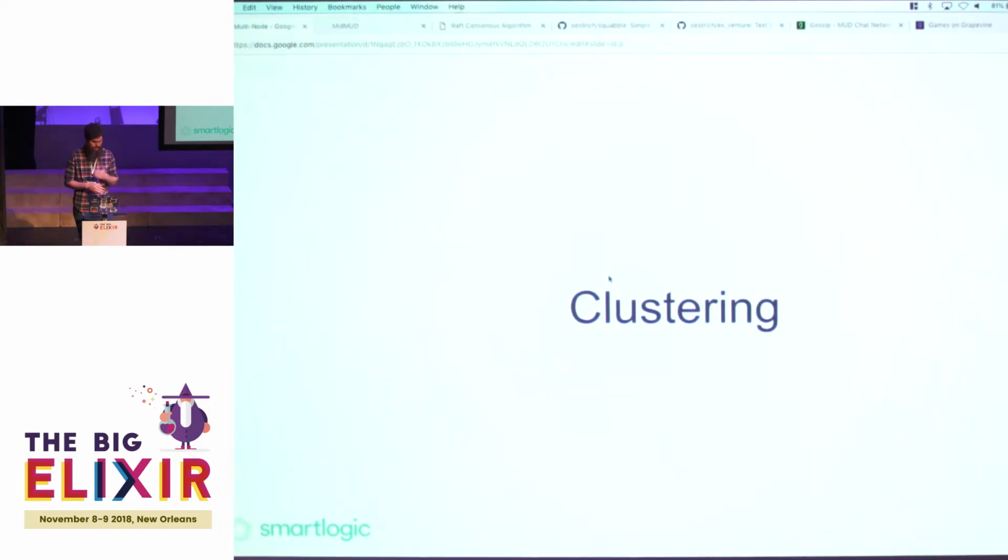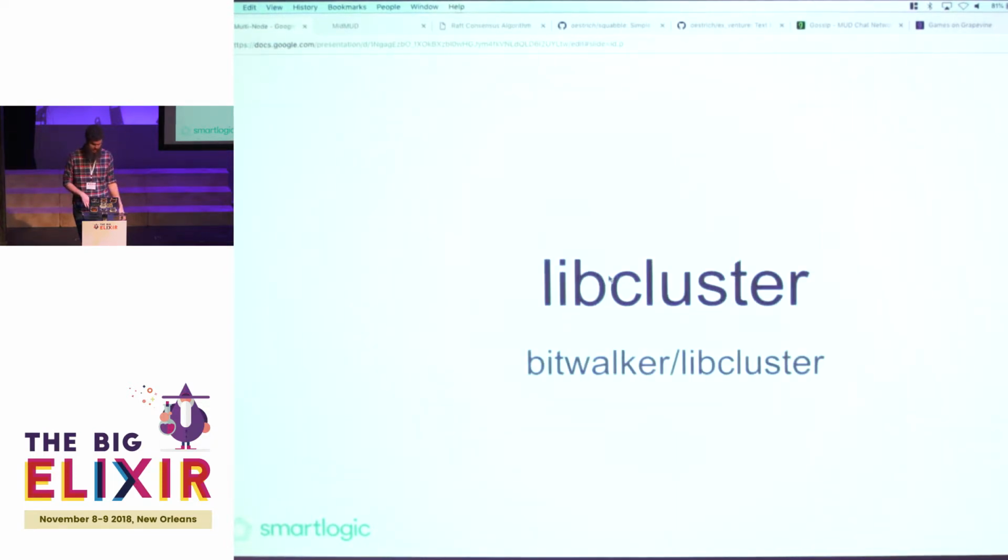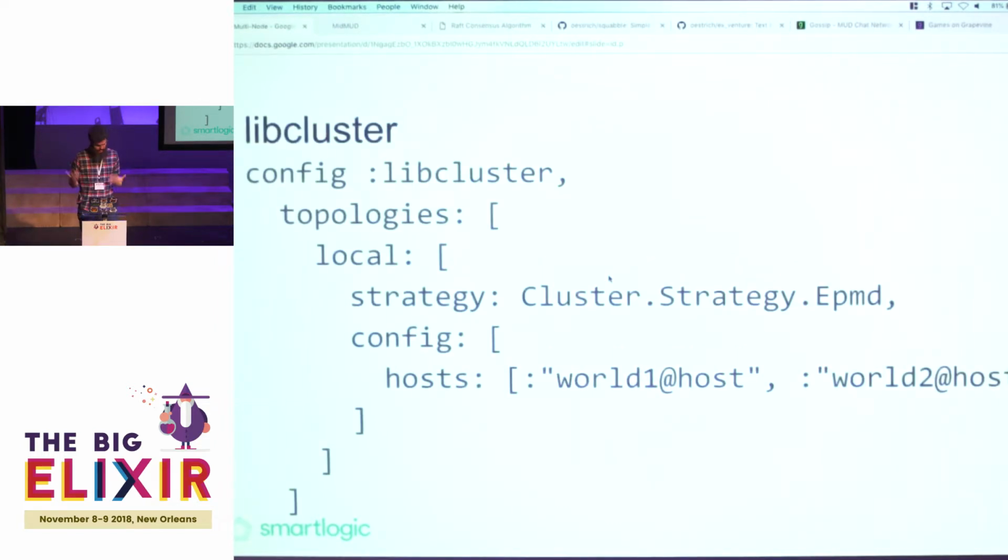First you've got to start with just making nodes connect to each other. So this will be two entirely independent nodes that run the full application, so the full world will be in both. Join them together with libcluster. This is a really great library, definitely give it a go. This was pretty much all you have to do. I set it up with the EPMD strategy.